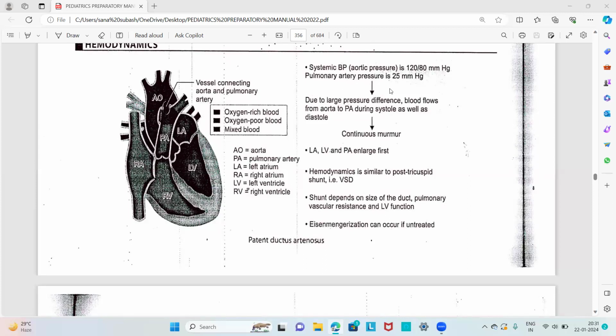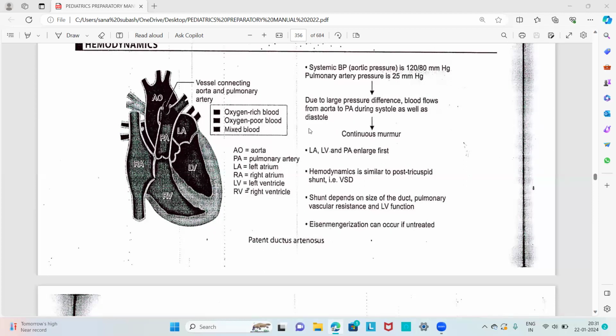Because of the large pressure difference in both systole and diastole, a large amount of blood flows through the ductus arteriosus from the aorta to the pulmonary artery during both. That produces a continuous murmur. A continuous machinery murmur is a hallmark of the patent ductus arteriosus.